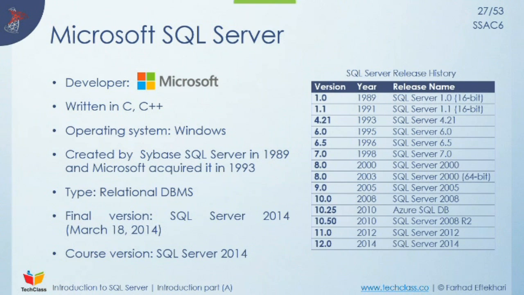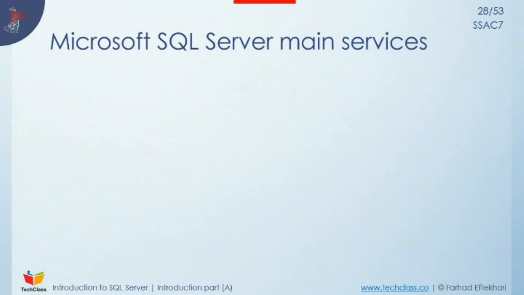And here is the release history of MS SQL Server, as you can see from version 1 up to the latest version. Now I'm going to briefly introduce the main services of Microsoft SQL Server. I also have to mention that each of these services could be a course in itself, so their topics are quite advanced, and this is a very interesting area, which, if any students are interested in expanding their knowledge of SQL Server after this course, is quite interesting and very practical.